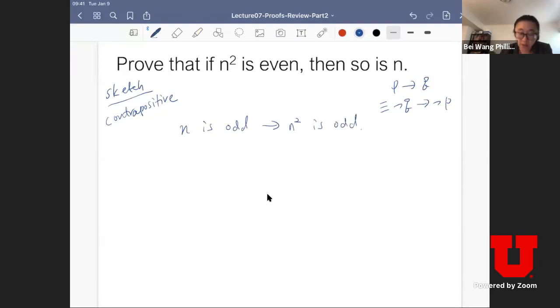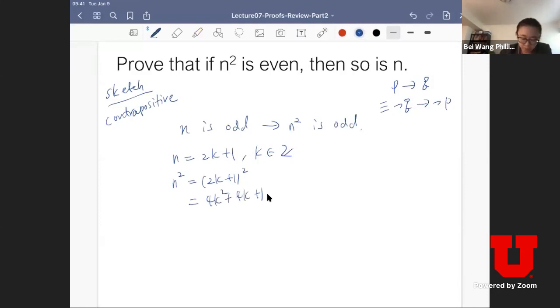Again, I'm only going to write the sketch of the proof. First of all, the hypothesis is n is odd. This means, by definition of odd integer, n can be expressed as 2k plus 1 for some integer k. Next we use substitution, where n squared is equal to (2k plus 1) squared, which is equal to 4k squared plus 4k plus 1.